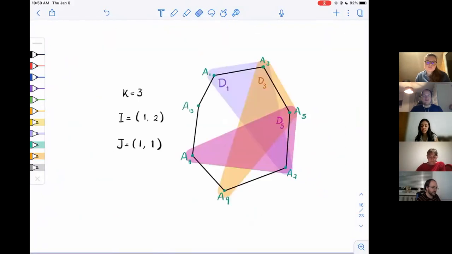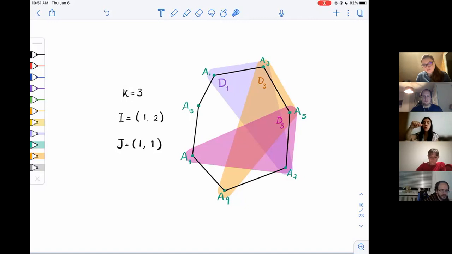So for instance, here, this is the same multi-index that I started with in the previous example, right? So I had I equals 1, 2, giving me the structure of how to construct the hyperdiagonals. And then J equals 1, 1 is telling me that I take consecutive hyperdiagonals to intersect.